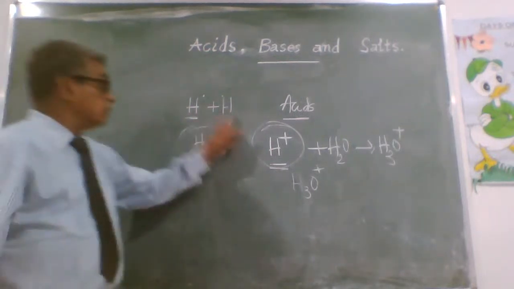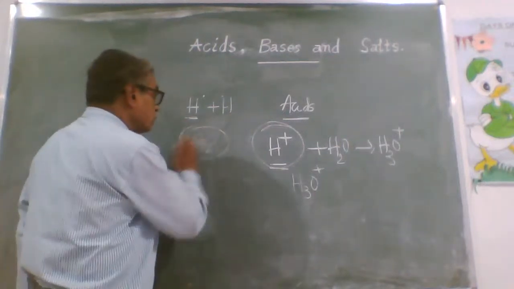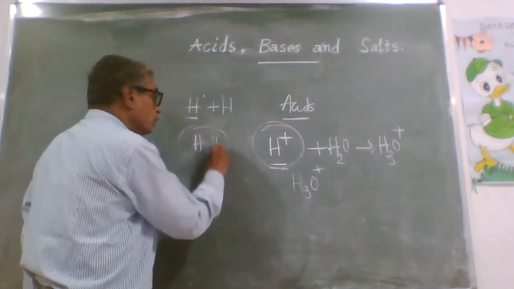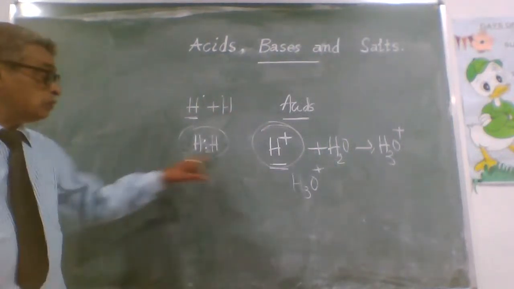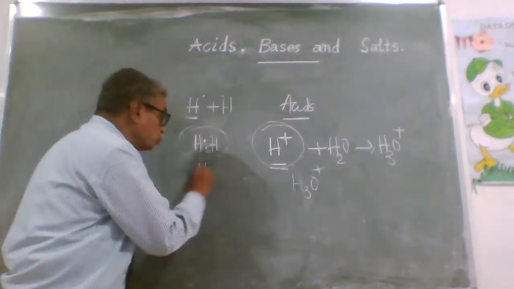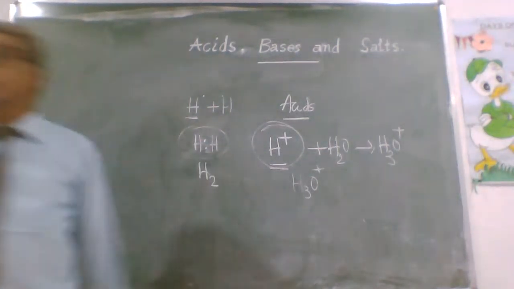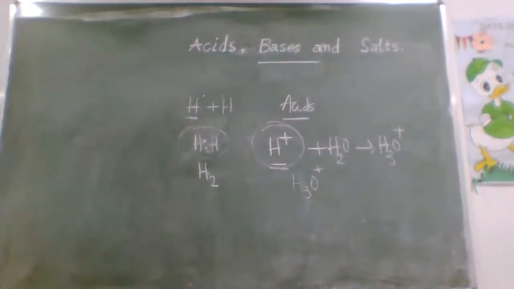It will combine with another atom of hydrogen, and a covalent bond is formed between two hydrogen atoms. Then this molecule is called H2, and that has got free existence. It can exist freely in nature.